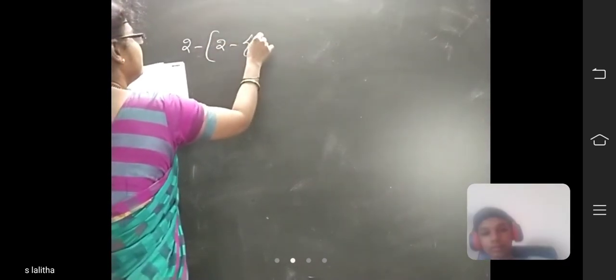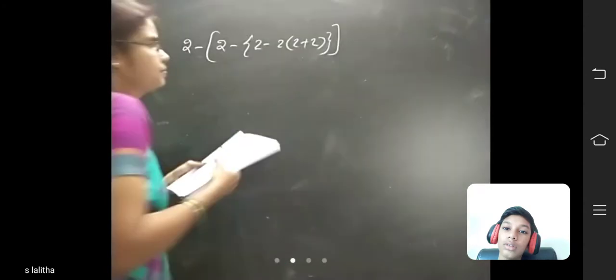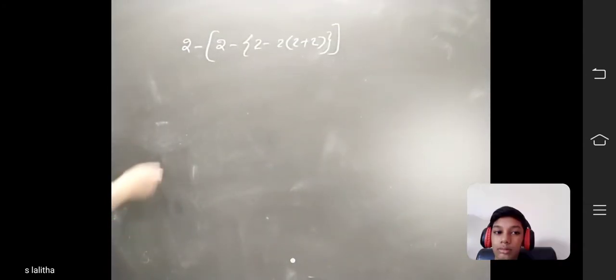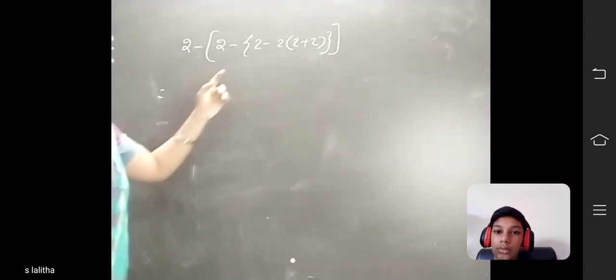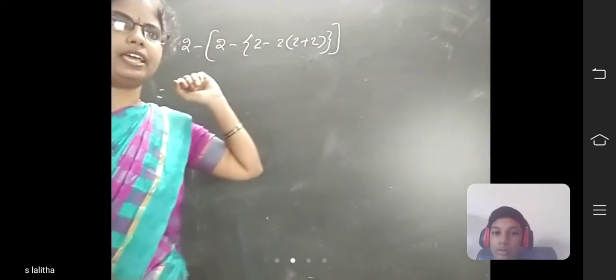2 minus square bracket, 2 minus curly bracket, 2 minus, small brackets, 2 plus 2. So this is the sum. First what should you do? First you should remove the small bracket. There is no vinculum, so you should solve the small bracket.